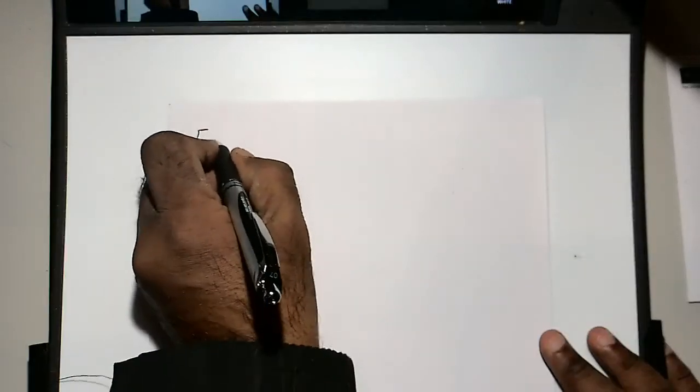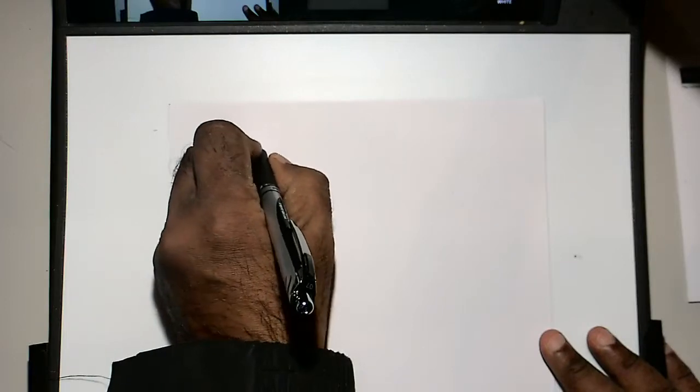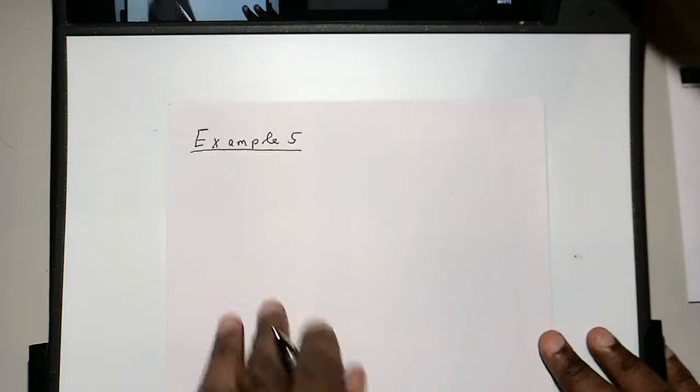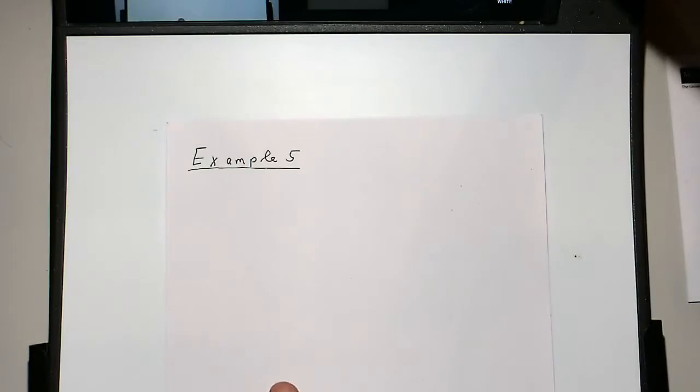One more example, example number 5. Some of you said that I'm not doing enough examples, but the course website has many, many examples. If you go back to the course website, it has tons of examples that you can practice on. Let me show you.